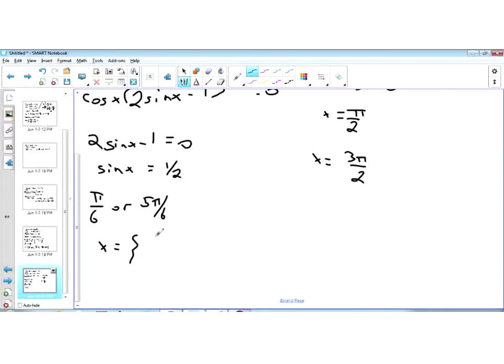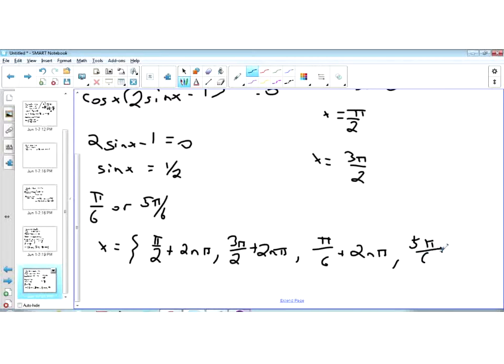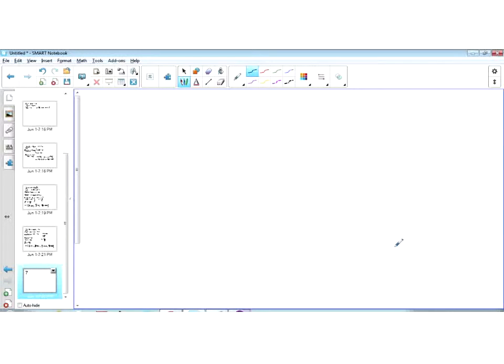So x is equal to pi halves plus 2n pi, 3 pi over 2 plus 2n pi, pi 6 plus 2n pi, and then 5 pi over 6 plus 2n pi. Okay, so that would constitute your answers. Okay, so one more. Let's do another one.